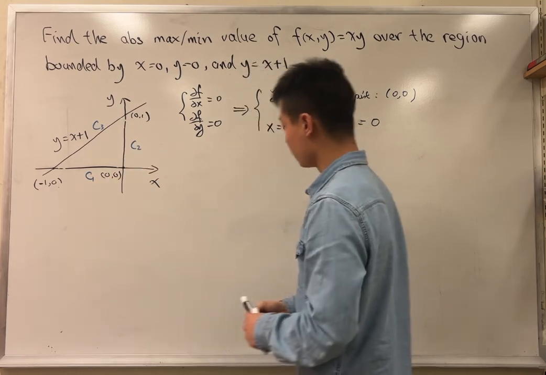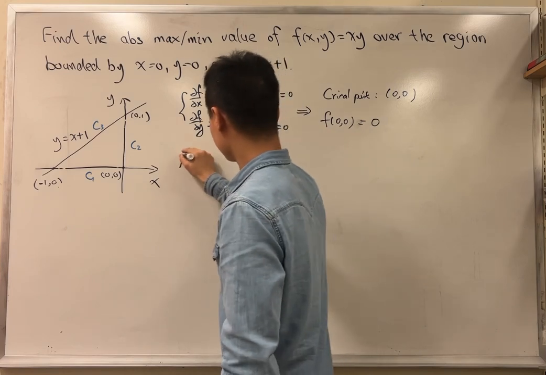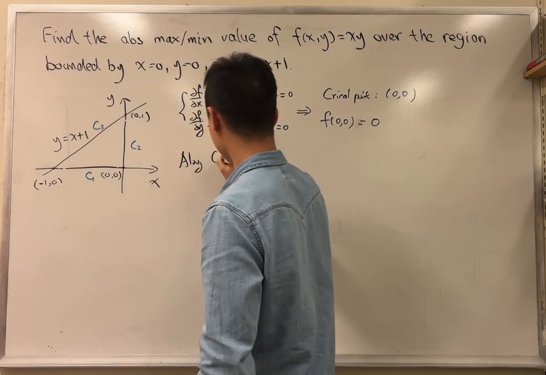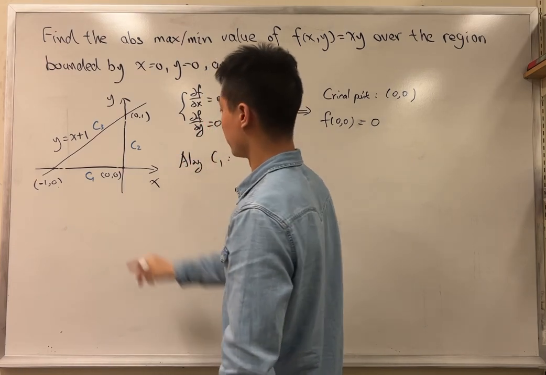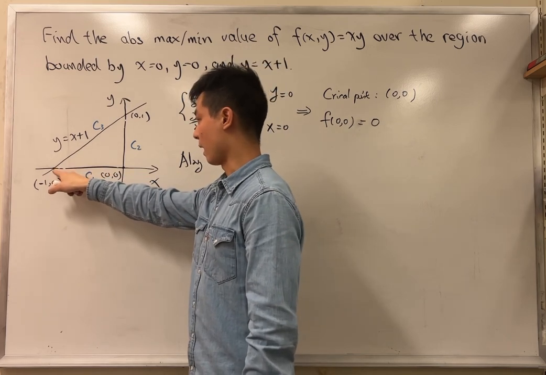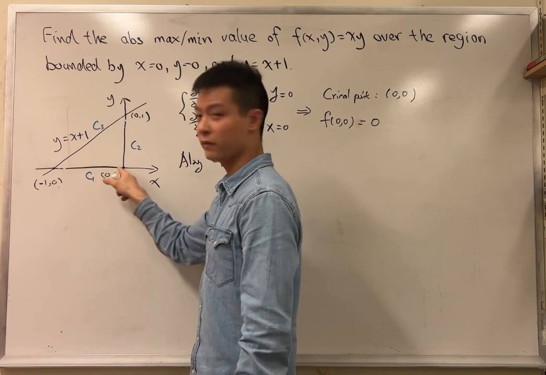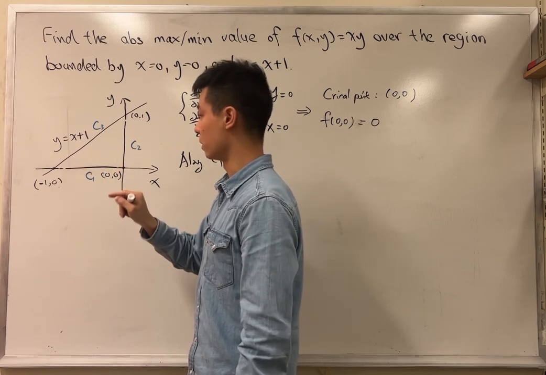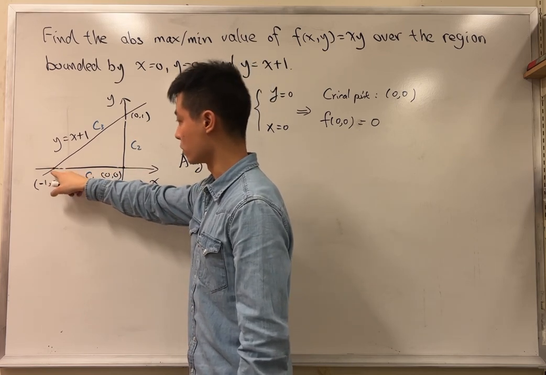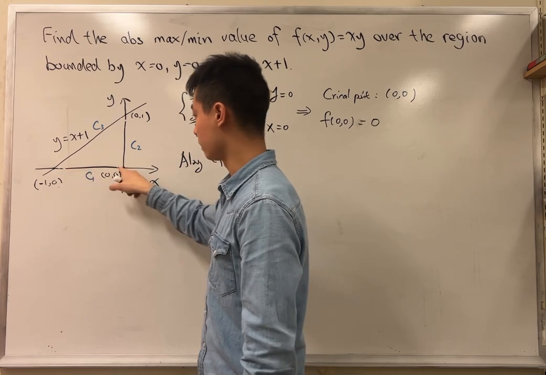Starting with C1, along C1, we can observe that the y-coordinate for each of the points on this line segment is always 0, while the x-coordinate ranges from -1 to 0.